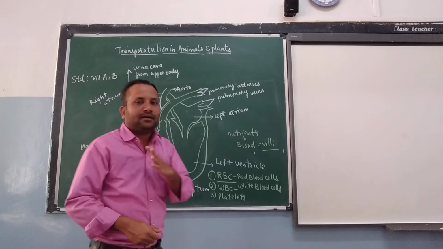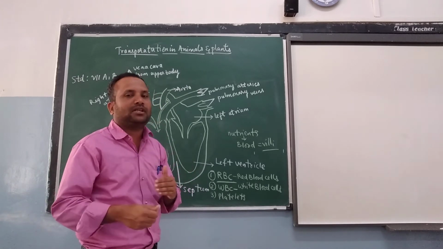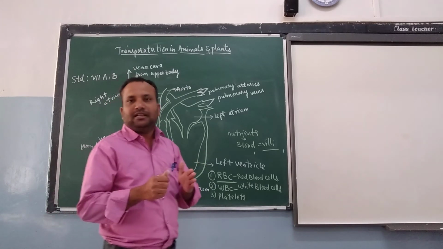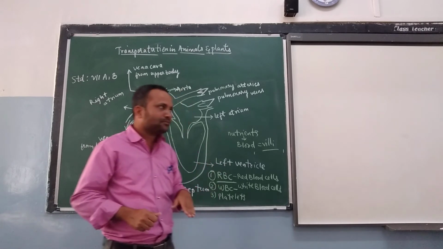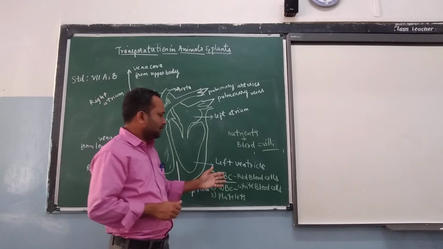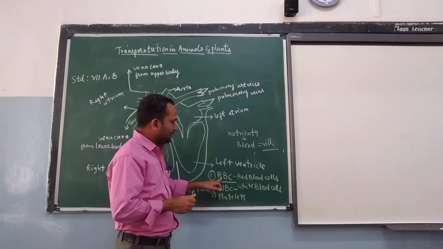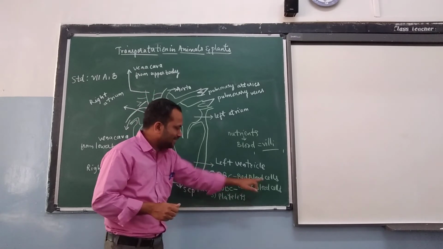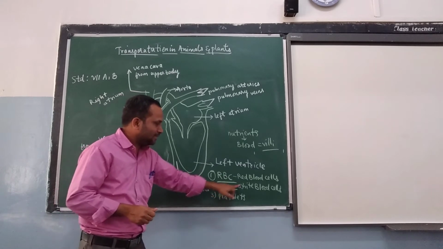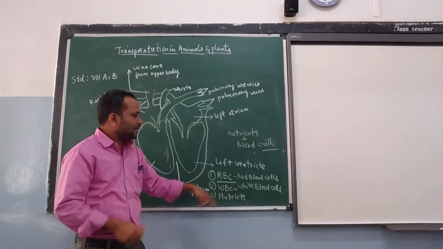These are the hair-like growths found in the inner walls of the small intestine. So the components of blood are RBC, red blood cells, white blood cells, and platelets.